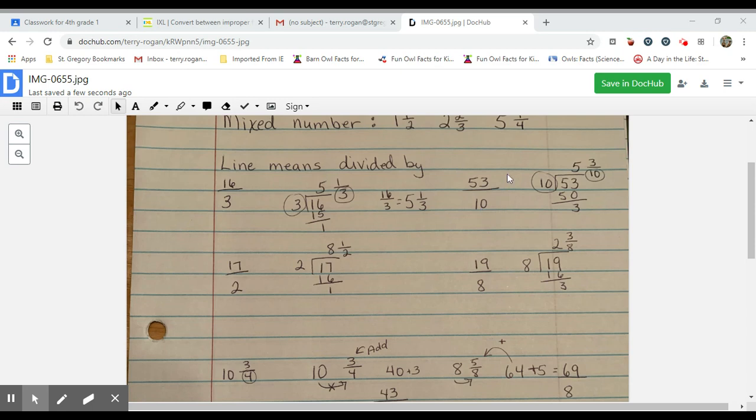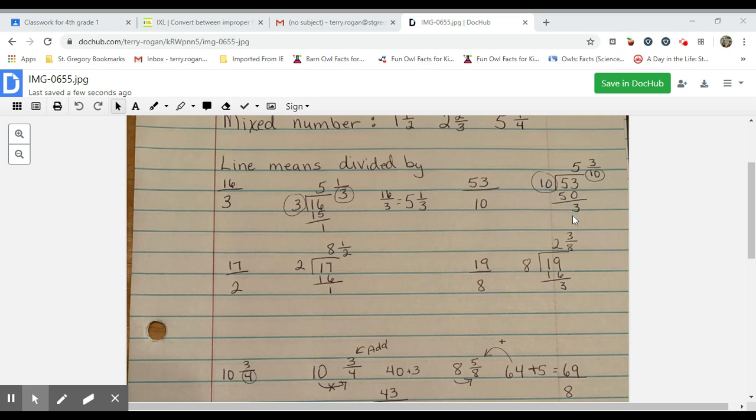We'll do that again over here with 53 tenths. So 53 divided by 10. So I set it up over here as a division problem, 53 divided by 10. How many groups of 10 go into 53? 5. Put the 5 up there. Did regular old division. 5 times 10 is 50.